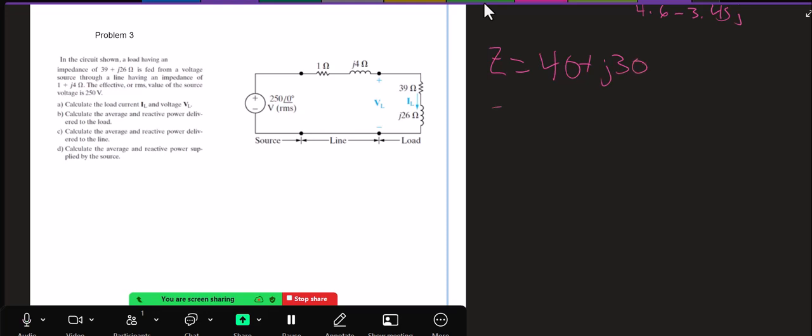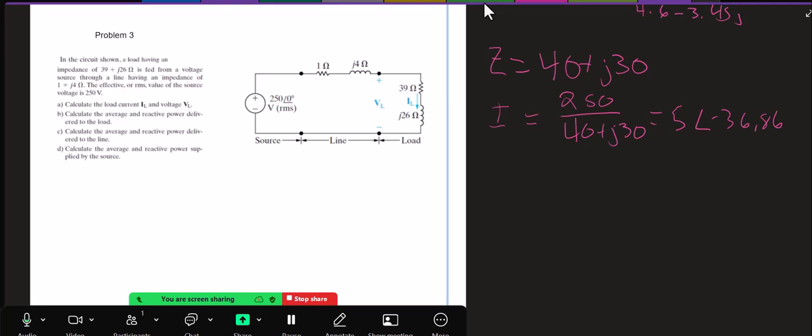And then I will just be 250 over 40 plus J30, which I get to be 5 angle negative 36.86. Okay, so nothing new there.